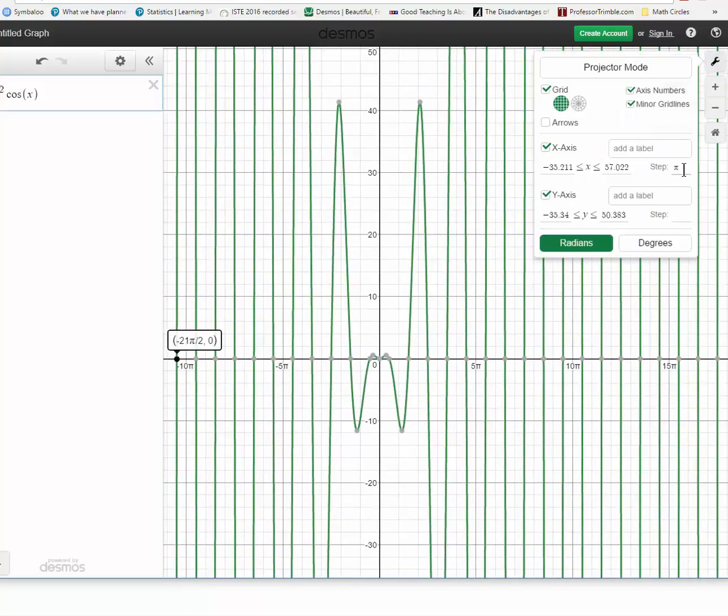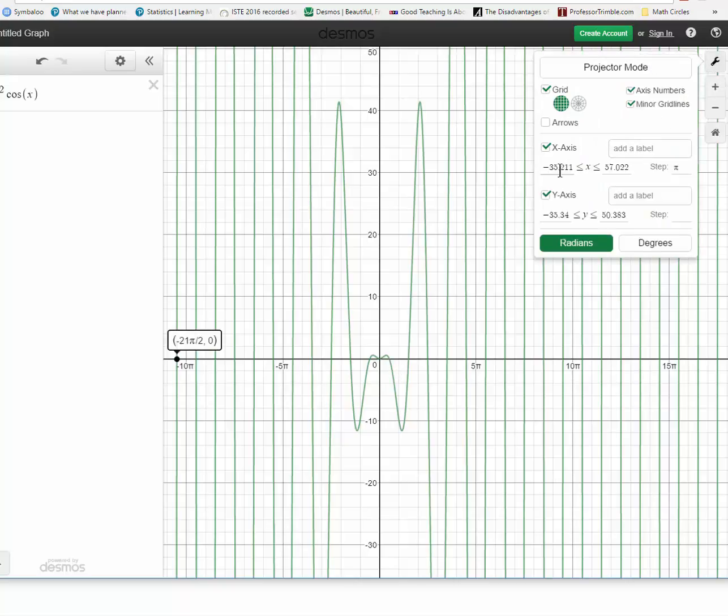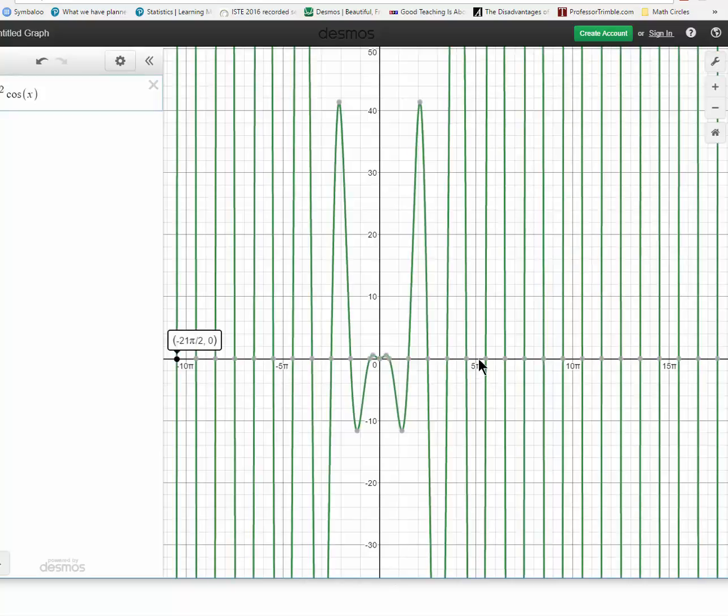I'm going to go ahead and choose our steps by pi here. So here's 5 pi. 5, 4, 3, 2, 1. So here's pi. I want to do a really good job of approximating what's going on right here at the center, and the center's right here at pi.